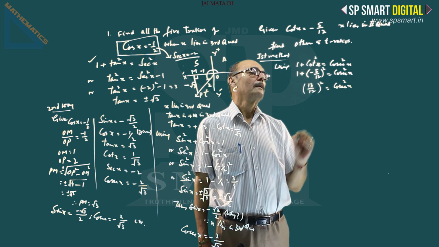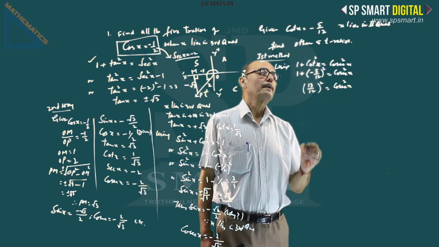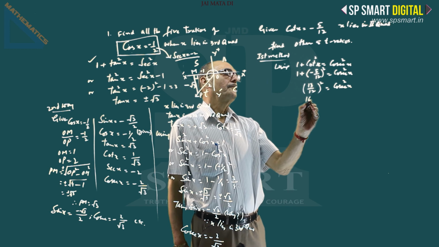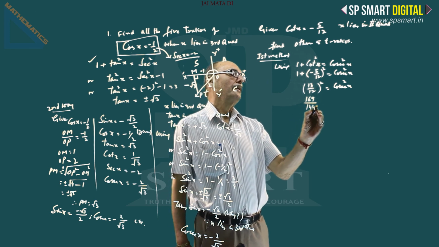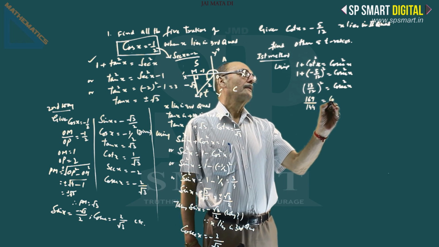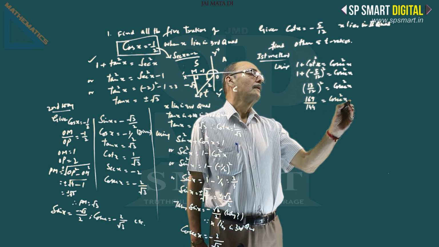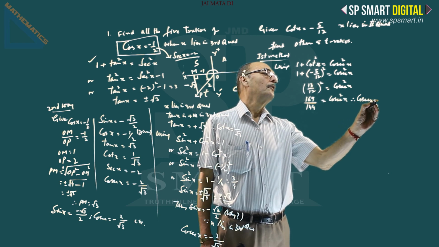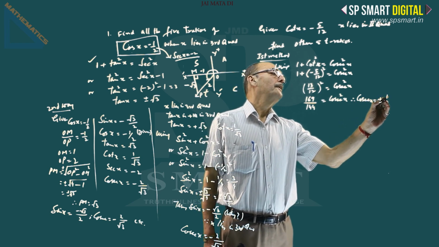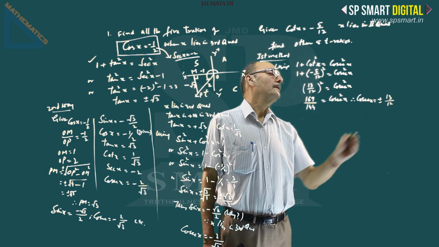simplify the cosec square x, or you can write this as 169 upon 144 cosec square x. Therefore, cosec of x equal to plus minus 13 by 12, taking the square root.